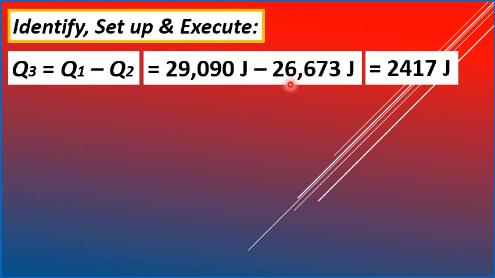So this value of Q2 is in fact the thermal energy that is liberated by the slug of iron, but the water only utilized 26,673 joules. So there is still an available amount of thermal energy left, 2,417 joules. So what happens to this extra amount of thermal energy?